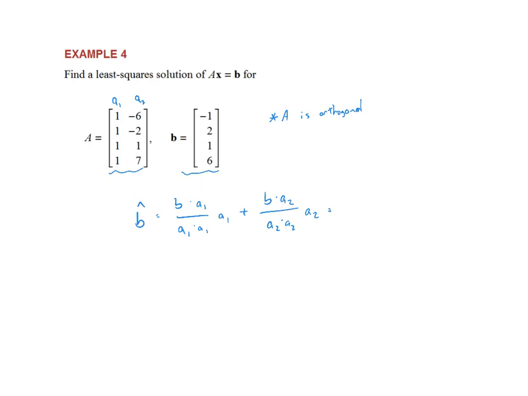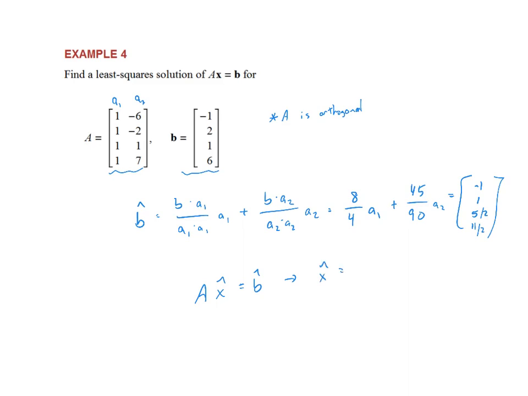So with the dot products, you get 8 over 4 times a1 plus 45 over 90 times a2, that is negative 1, 1, 5 halves, and 11 halves when you simplify it. That's the b hat. A times x hat equals b hat. So the last step is you can do this right in your calculator.